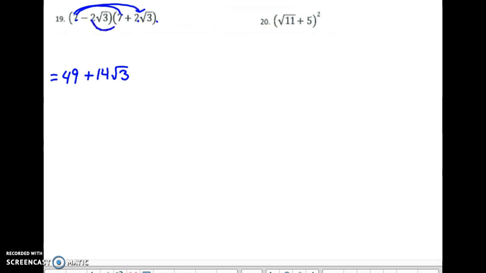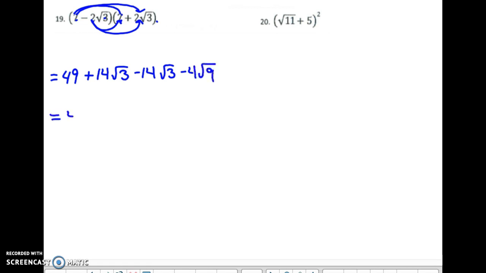And then we're going to do negative 2 root 3 times 7. So the outside numbers get multiplied. Negative 2 times 7 is negative 14, square root 3. And finally, negative 2 root 3 times 2 root 3 is negative 4, square root 9.